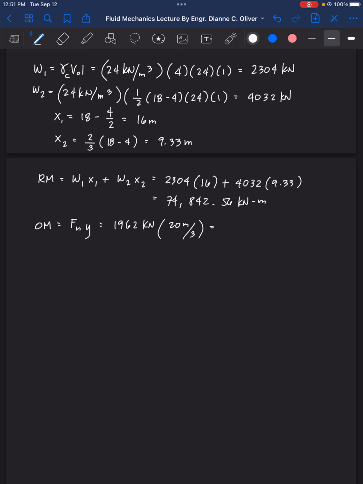So 1962 times 20 over 3 is 13,080 kilonewton meter.